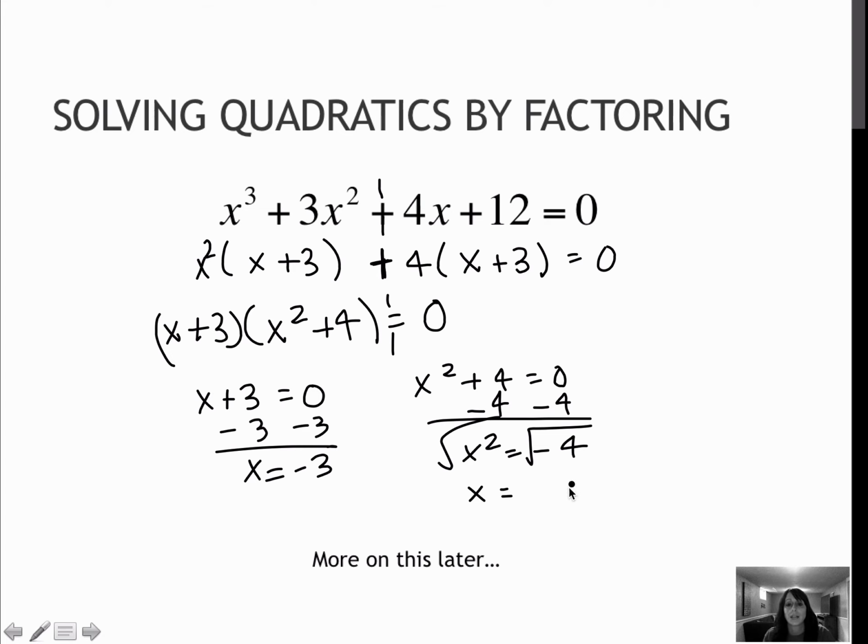So the actual answer here is plus or minus 2i, but all you need to know for now is that this would not give me a real solution, so no real solution. We will learn all about the imaginary numbers and the square root method later on.